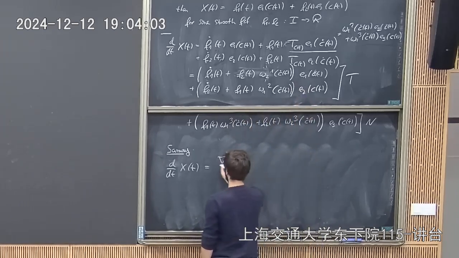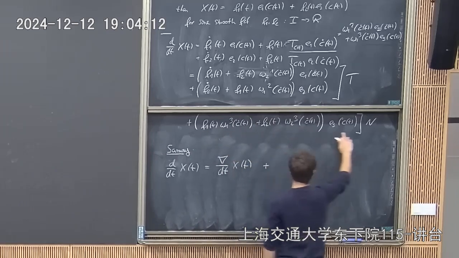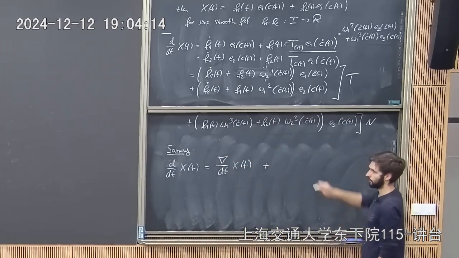For that we introduced the notion of covariant derivative, and then we get the normal part, which is this expression.